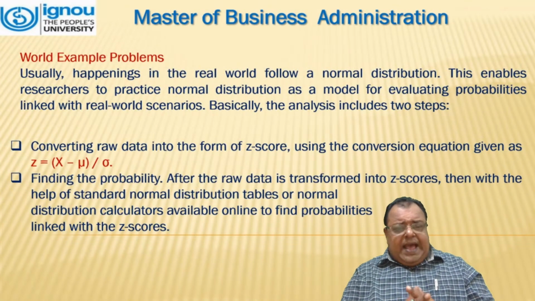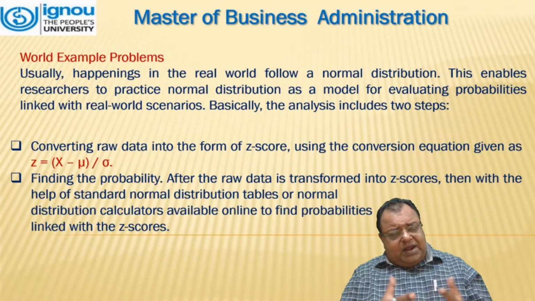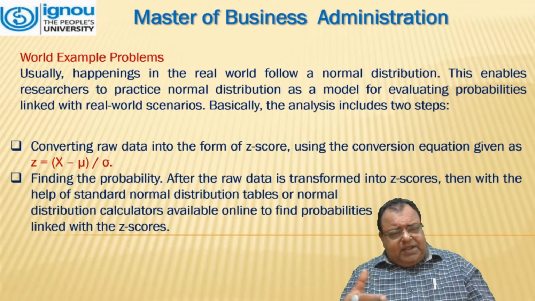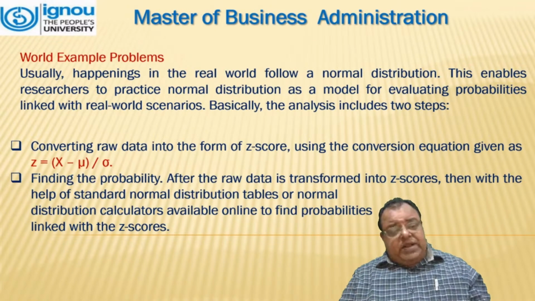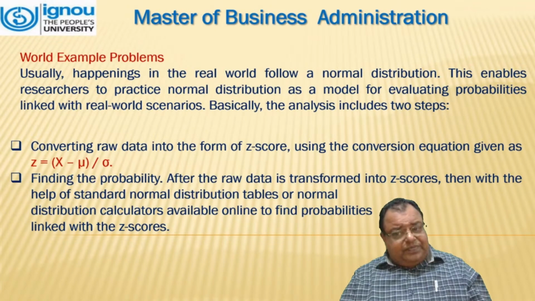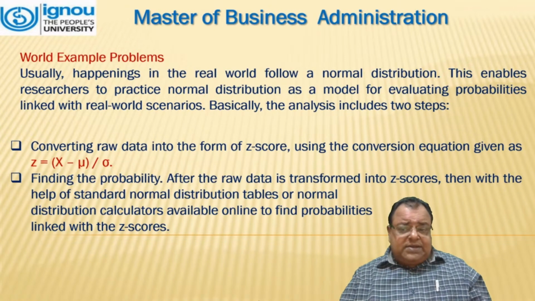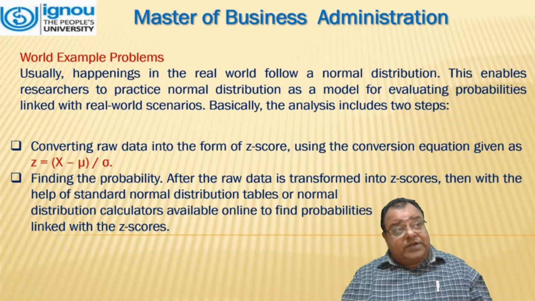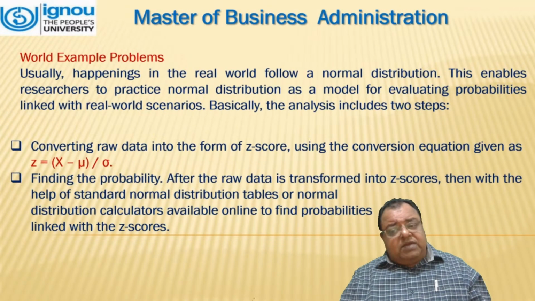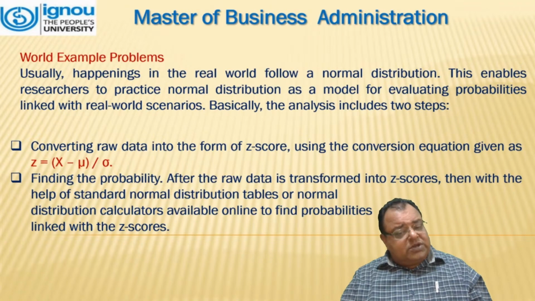Usually what happens in the real world follows a normal distribution. This enables researchers to use the normal distribution as a model for evaluating probabilities linked with real world scenarios. Basically, the analysis includes two steps: first, converting raw data into a z-score using the conversion equation, which we know is z equal to x minus mu upon sigma.